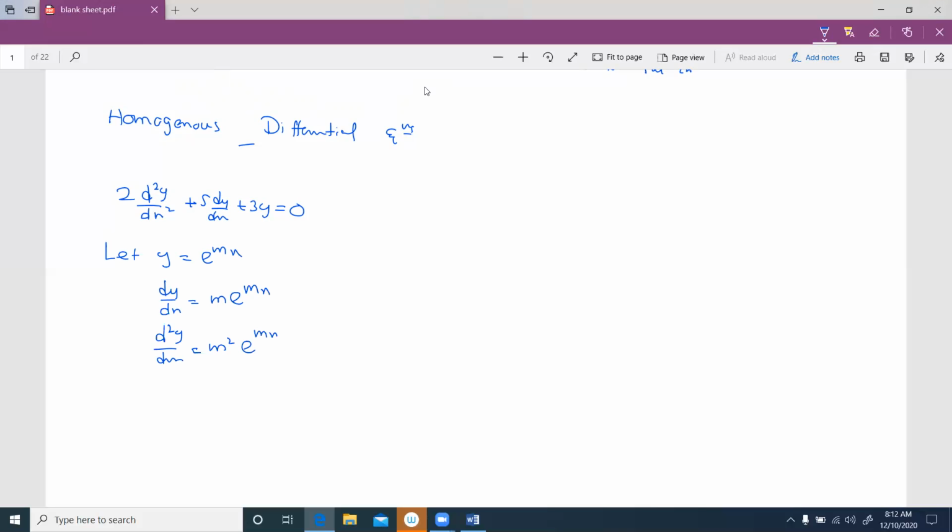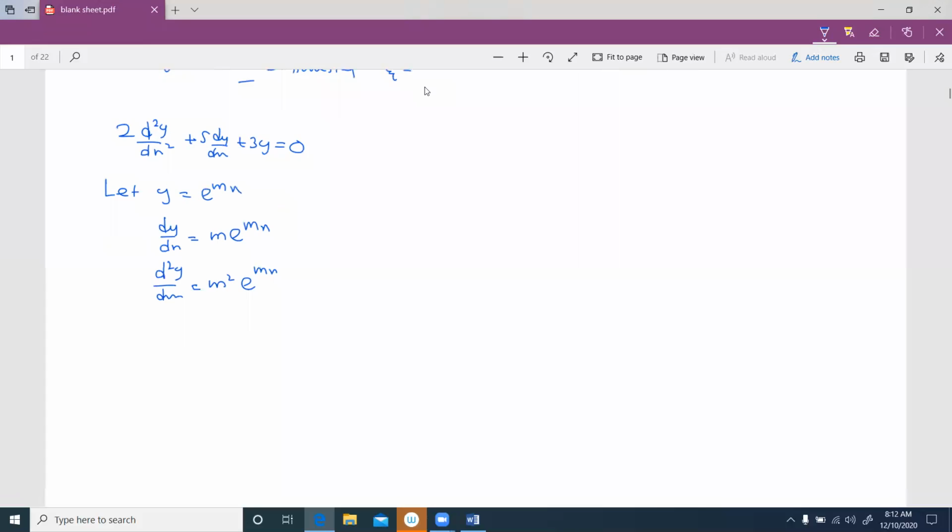If you substitute here, you get 2 m squared e to the power mx plus 5m e to the power mx plus 3 e to the power mx is equal to 0. We can take e to the power mx out, so that turns into 2m squared plus 5m plus 3 is equal to 0.